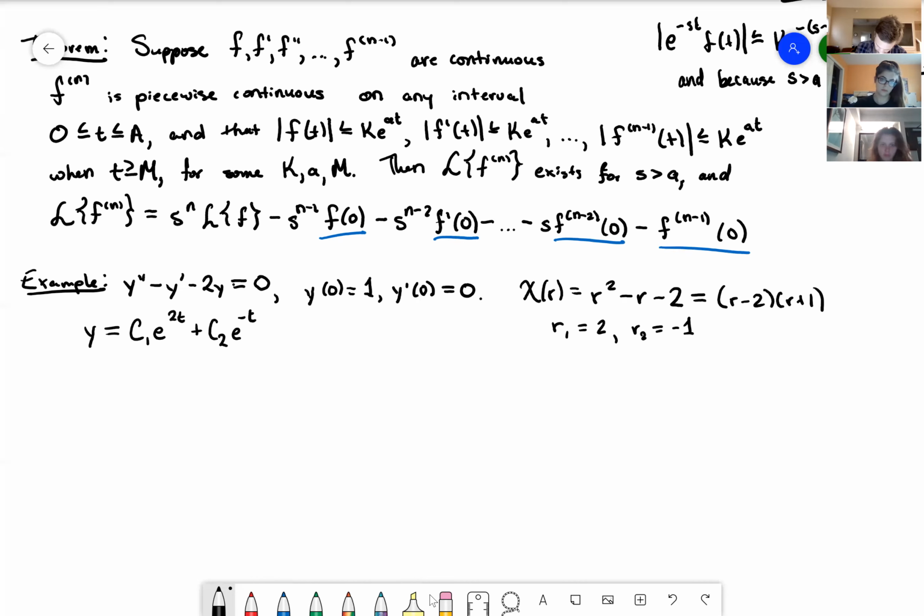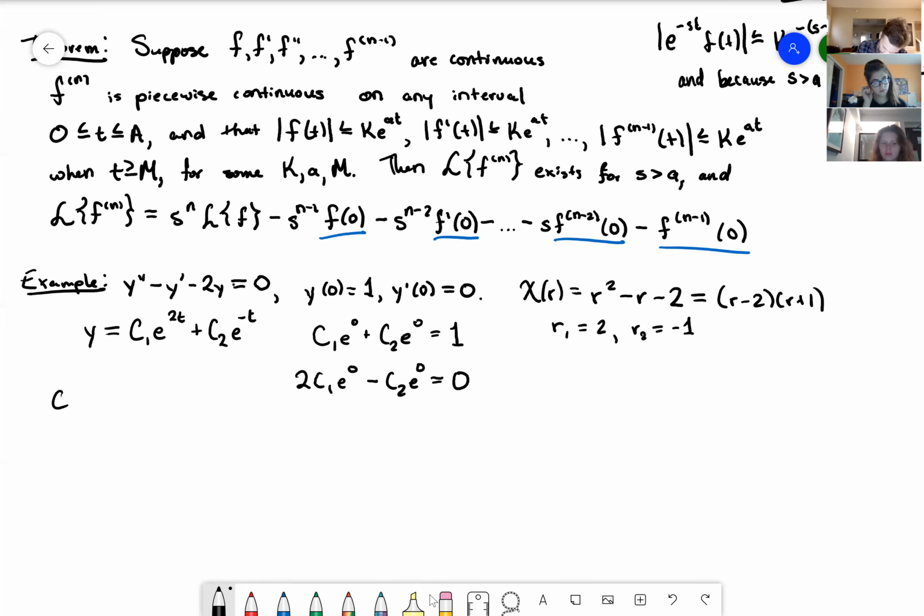Cool. Now, if we plug in our initial conditions, we get c1 e to the 0 plus c2 e to the 0 equals 1. And 2c1 e to the 0 minus c2 e to the 0 is equal to 0.